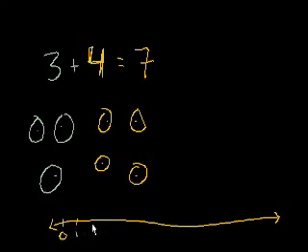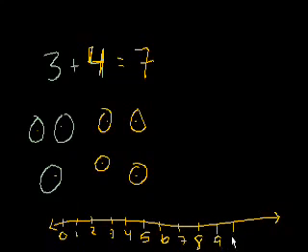And then you go to 1, 2, 3, 4, 5, 6, 7, 8, 9, 10, and it keeps going, 11. So we're saying 3 plus 4. Let's start at 3.